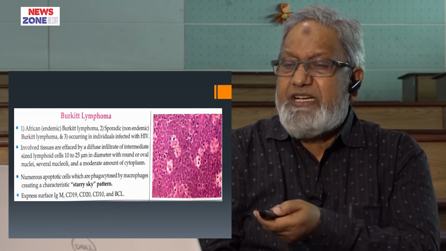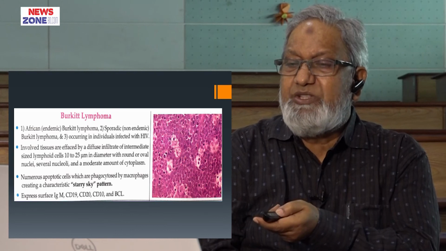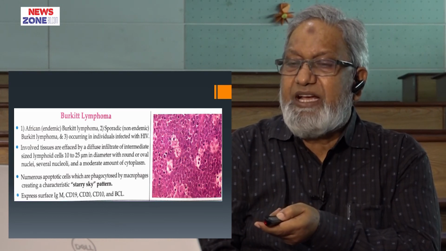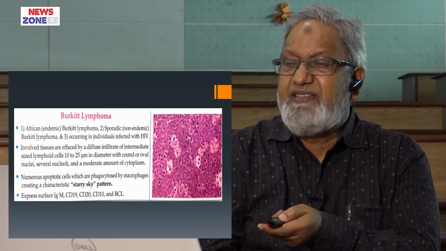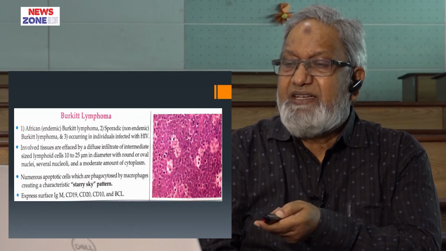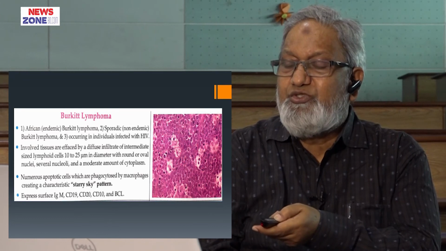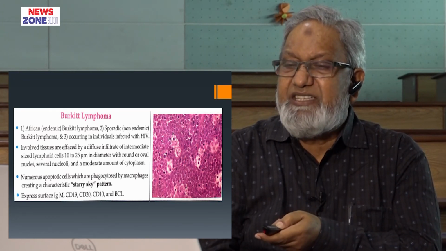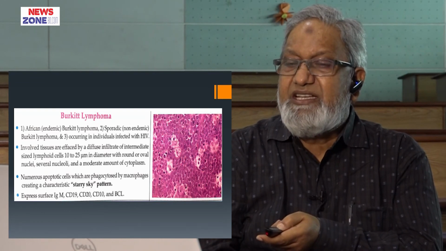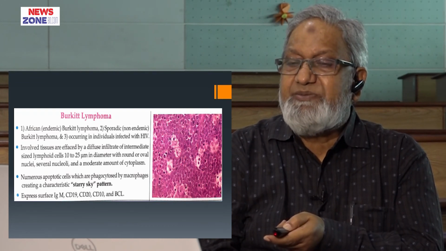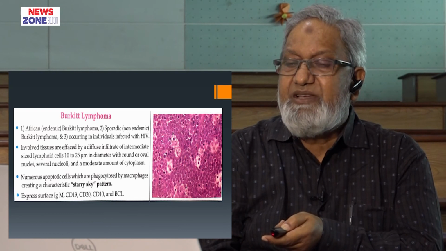Numerous apoptotic bodies, with cells phagocytosed by macrophages, create a starry sky pattern. So, sometimes it is confused with normal reactive changes. But if we do immunohistochemistry, then what we will find? Expressed surface immunoglobulin M, CD19, CD20, CD10 and BCL positive.